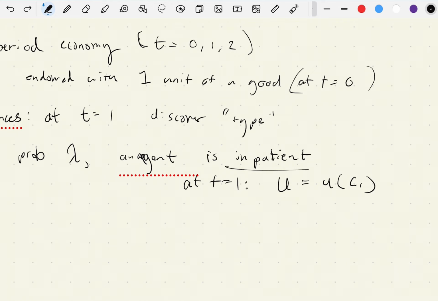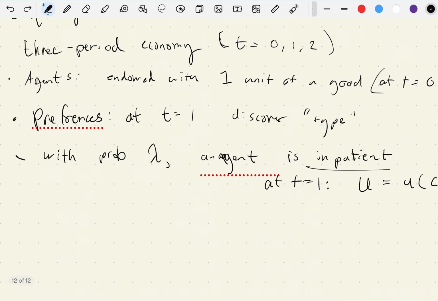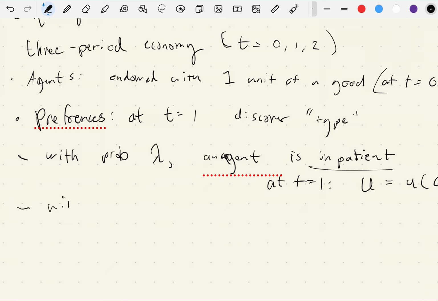So the utility that this impatient agent harvests is given by consumption C1, and this consumption is associated with this time.